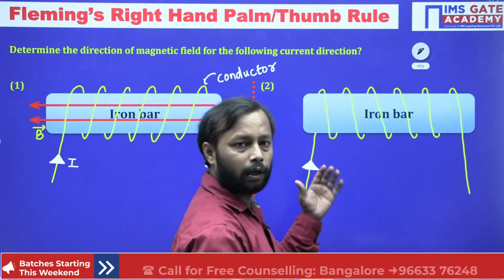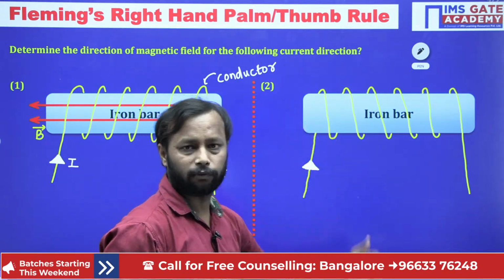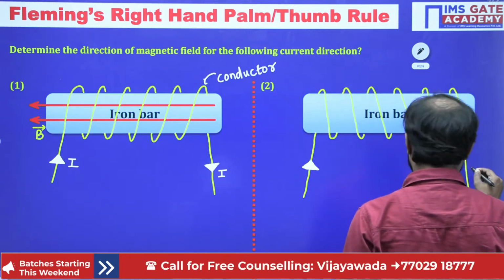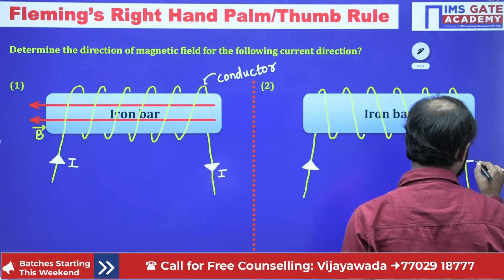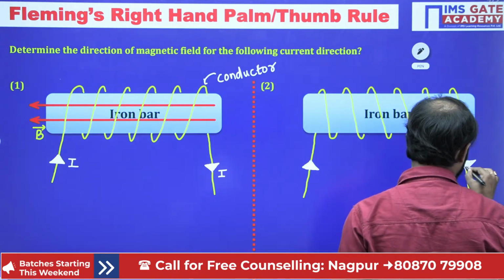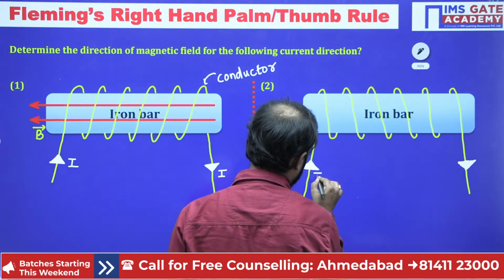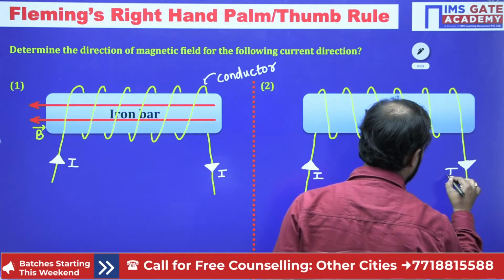If you change the fashion of the winding, what impact will it have on the direction of magnetic field, that I want to see. So this is the current direction, I. Done.